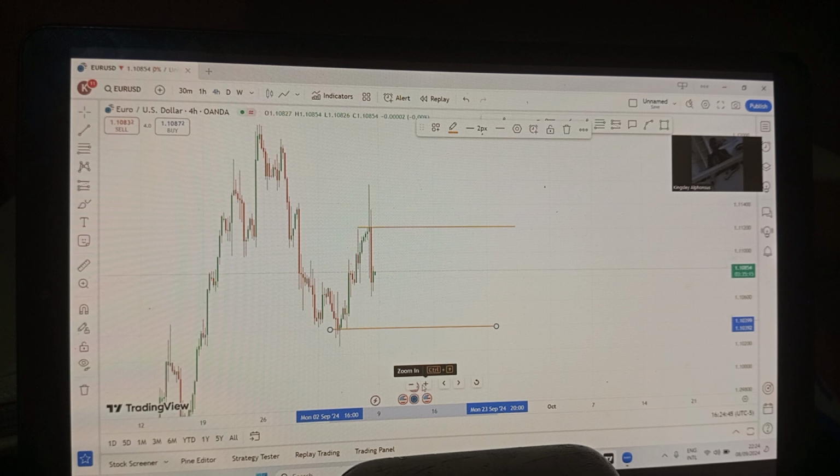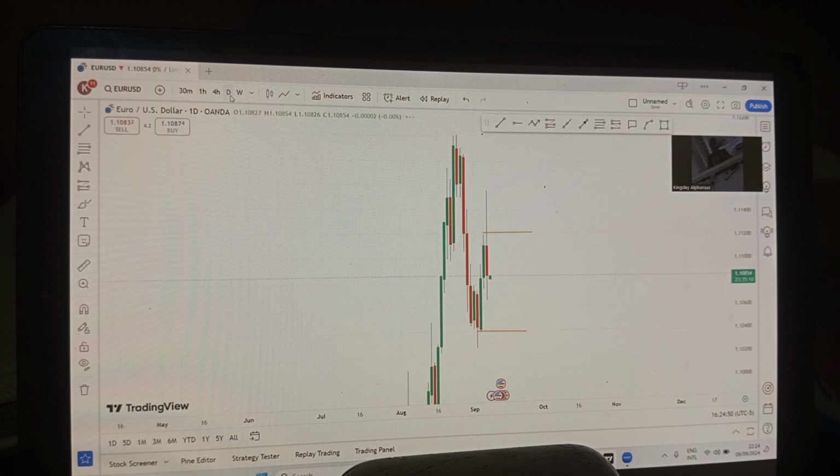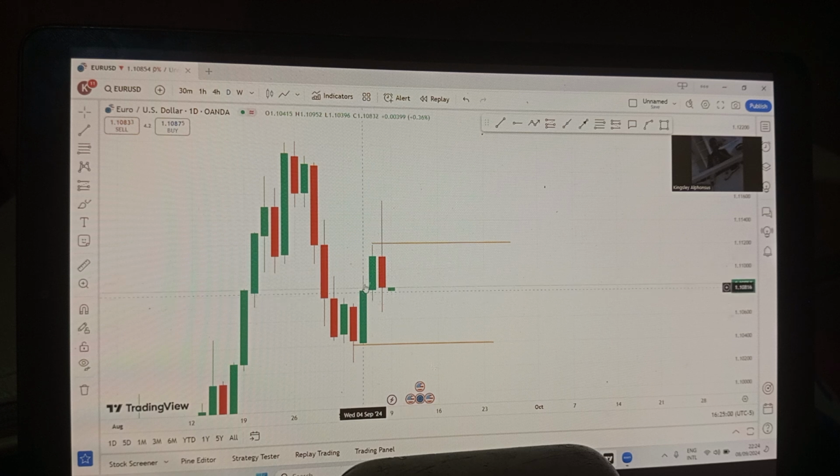Open close is also part of key level. Let me go to daily time frame to be clearer. Okay, so you see this gap between these two bullish candles here. This gap here, this is a key level also.